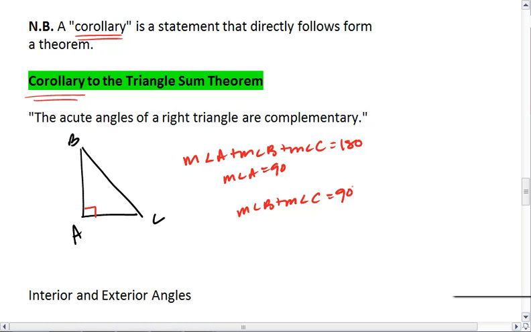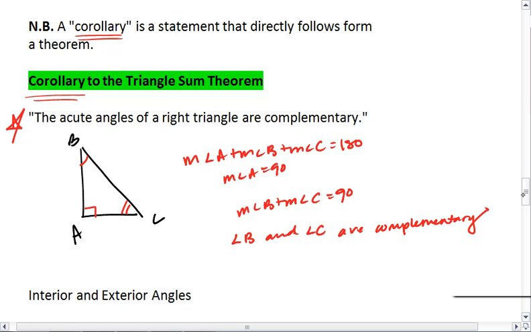And this is always true, meaning that angle B and angle C are complementary. So the corollary to the triangle sum theorem is that the acute angles, which in this case are angles B and C, of a right triangle are complementary.